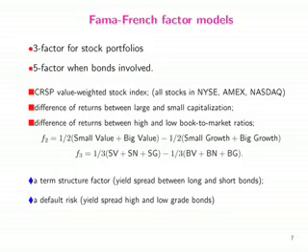And if your portfolio involves bonds, then you have the term structure, the yield spread between long and short-term bonds, and default risk, that is high and low grade bonds. So these are the 5-factor models.